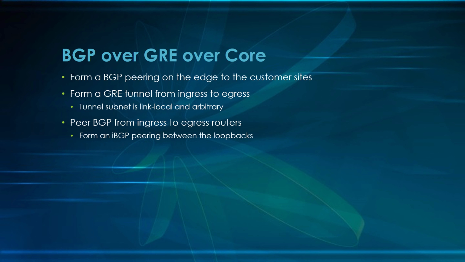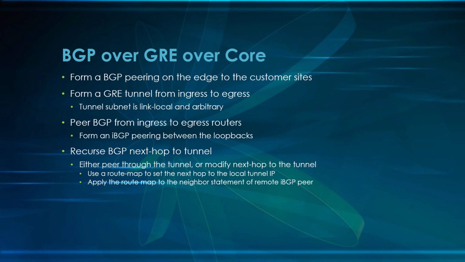Just like you would normally in regular iBGP, but instead of doing it over any arbitrary connection, you're going to be doing it over a GRE tunnel. Then you're going to recurse the BGP next hop to the tunnel. You're going to say, if I want to get there, I need to specify the next hop. So you would specify a route map that says the local IP is out tunnel 1, and to go from there.